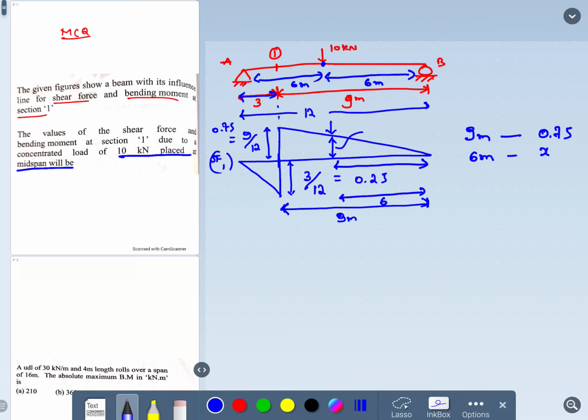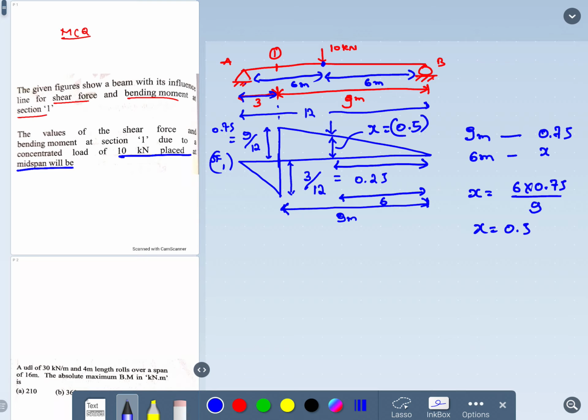The ordinate distance is x, that is what we need to calculate, where x is equal to 6 into 0.75 divided by 9. If you calculate this, you will get 0.5 as the ordinate distance. x will be equal to 0.5. So this ordinate is 0.5.